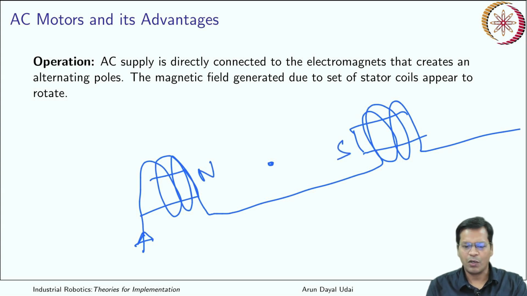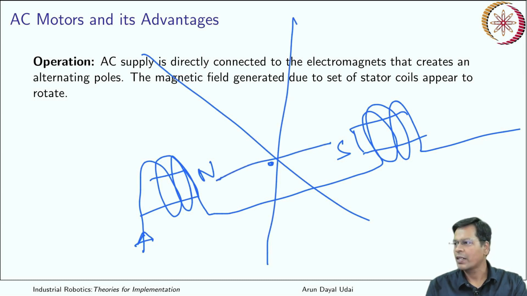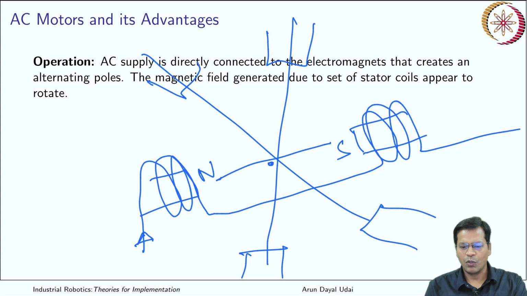You can also have poles at different places, opposite poles. Altogether you have three phases, and that can create an equivalent magnetic field, a magnetic field which can rotate.